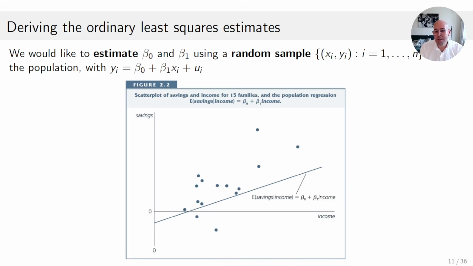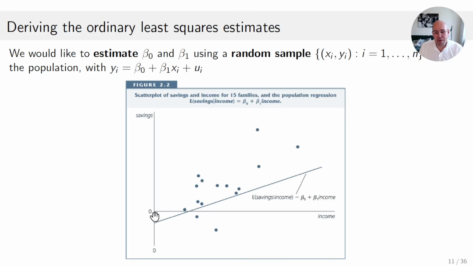Since we always have y is beta naught plus beta 1x plus u, we can just as well index everything by i, and then we have for observation i that yi is given by beta naught plus beta 1xi plus ui.